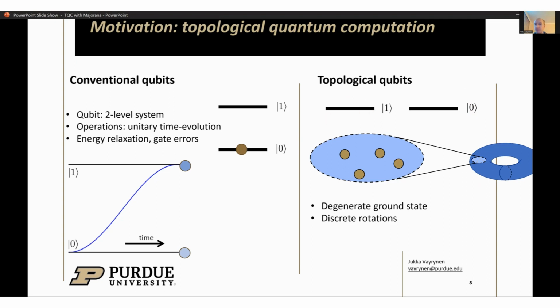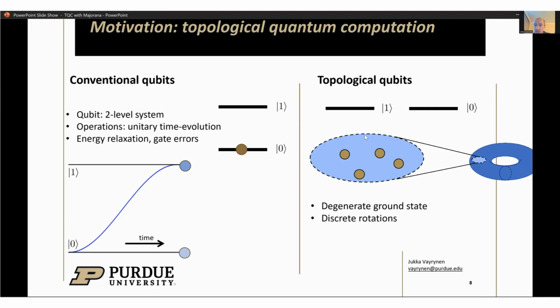There's no preferred ground state because they all have the same energy. So that is useful to overcome this problem of relaxation back to some unique ground state. Here we don't have any preferred unique ground state.